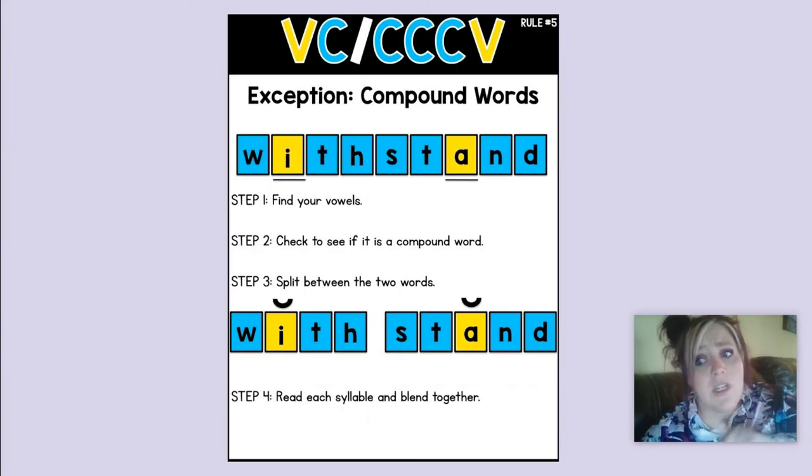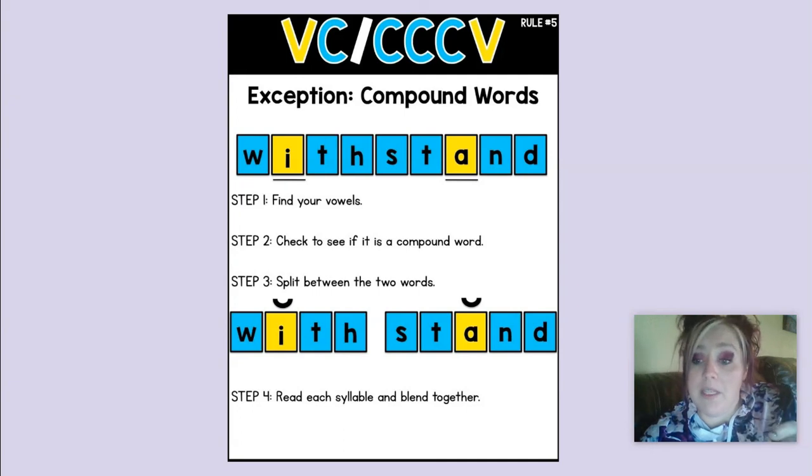There are some exceptions because of course there are. You have to find your vowels and check to see if it's a compound word, and it was. This was withstand. So typically, remember we said it was going to be 1 and 3 or 3 and 1, but it might be 2 and 2 if it's a compound word.